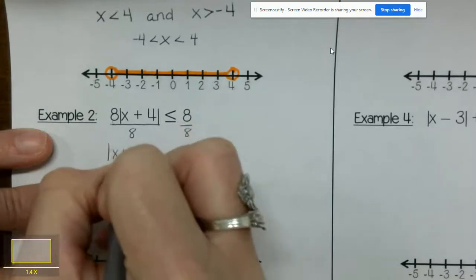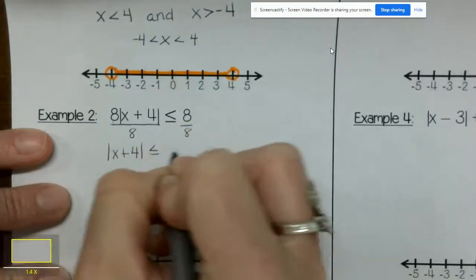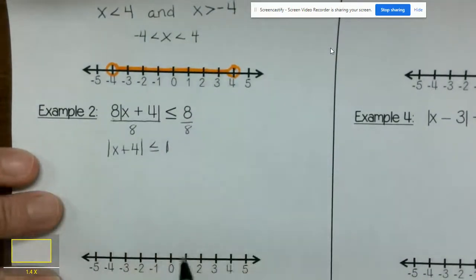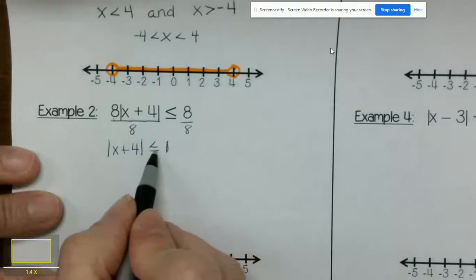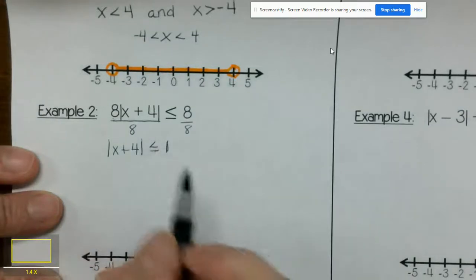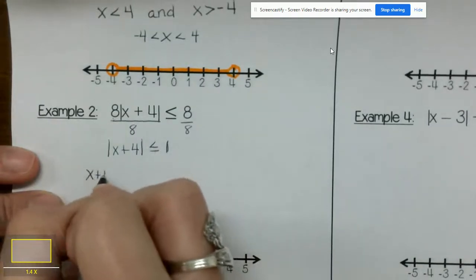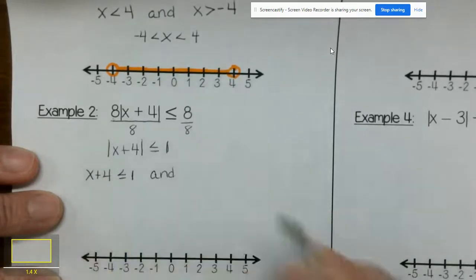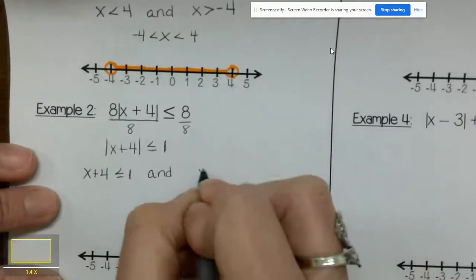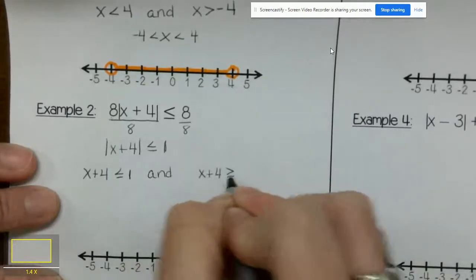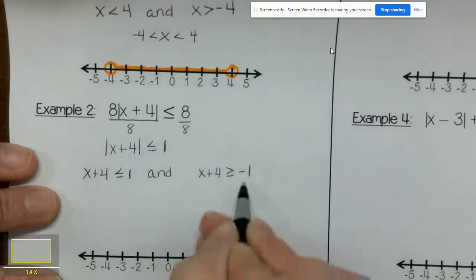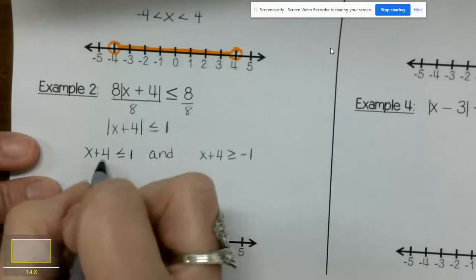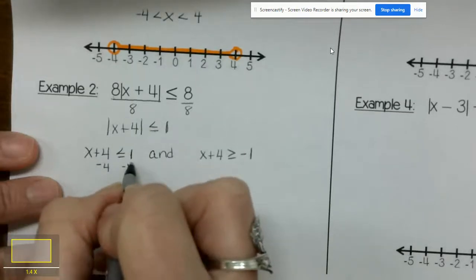That gives me the absolute value of x plus 4 is less than or equal to 8 divided by 8, which is 1. Now I can create my two equations, but this time notice that you've got an equal to here. So this is going to be x plus 4 is less than or equal to 1, and x plus 4 is greater than or equal to negative 1. We change that sign. To solve for x, we subtract 4 from both sides.